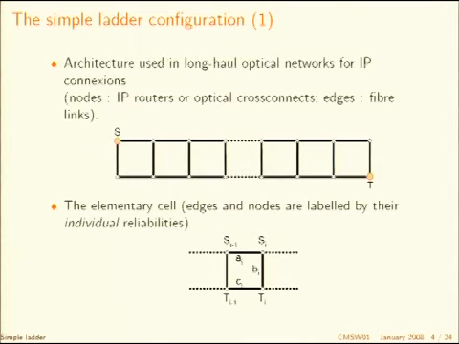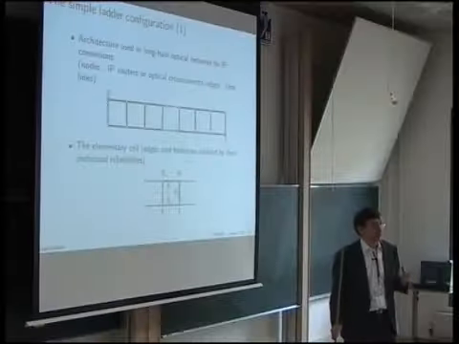Why is that considered in telecommunication networks? Because basically, if you want to connect a source to a destination T, you have a primary path and a backup path, and that would be a parallel graph. But unfortunately, the source and destination may be very far from each other.